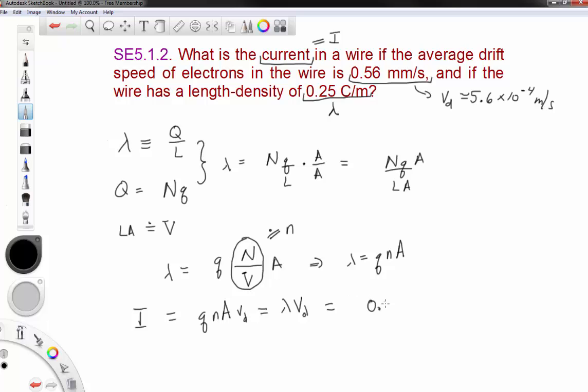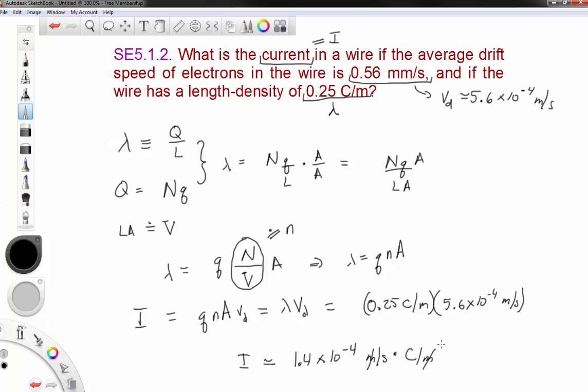So we have 0.25 coulombs per meter, and that gets multiplied by the drift speed of 5.6 times 10 to the minus 4 meters per second. So basically we want a quarter of this number. So that gives us that the current should be something like 1.4 times 10 to the minus 4 meters per second times coulombs per meter.